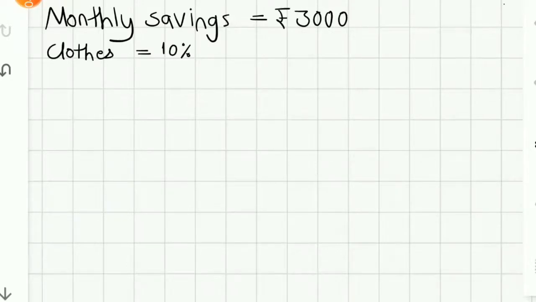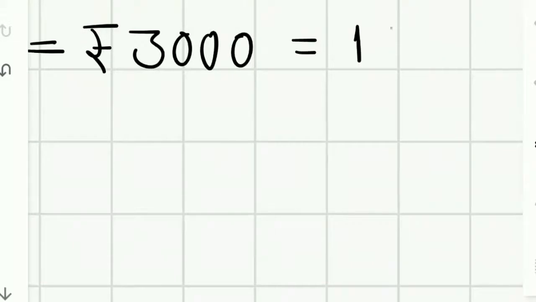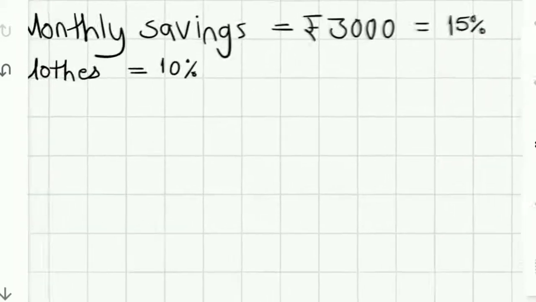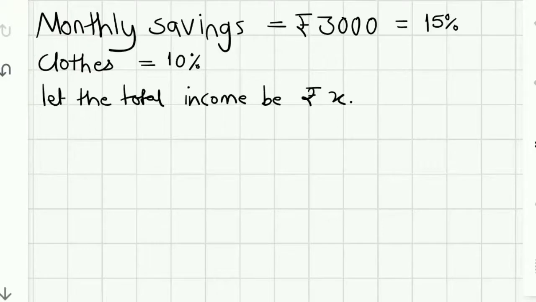We also know that monthly savings of the family is equal to 15% of the total income. So let the total income be x rupees. So what will be the total income?